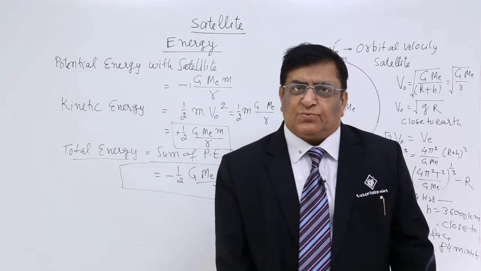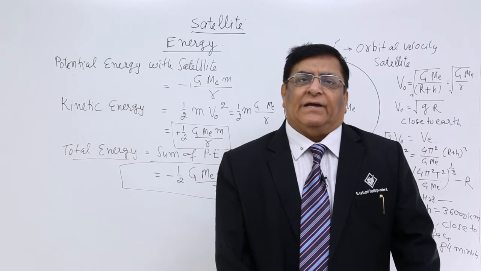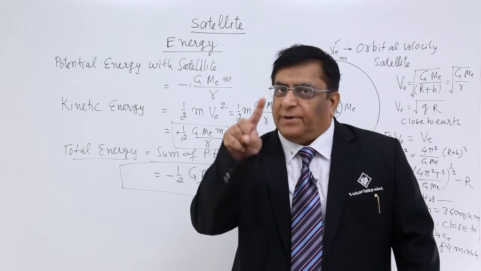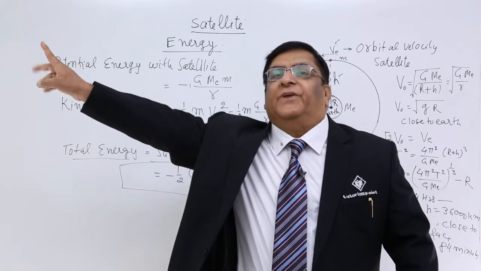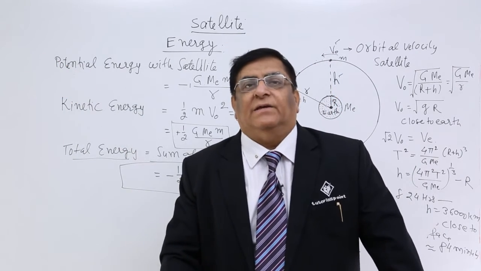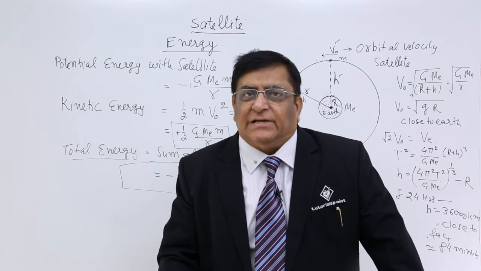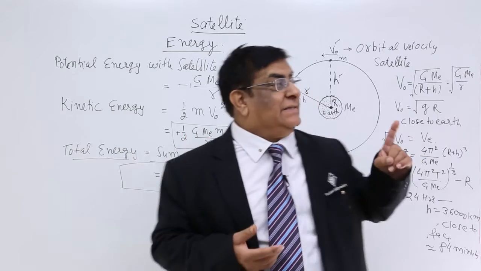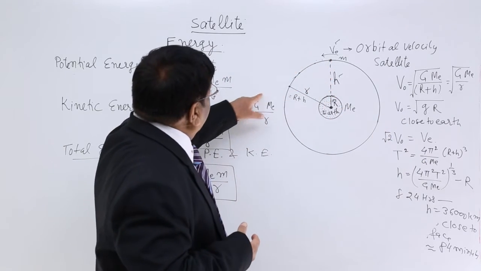Now, there is one thing. If a satellite wants to leave its duty of orbiting around and become free, why can it not? The answer is its velocity should increase. Then only it can move and go out.